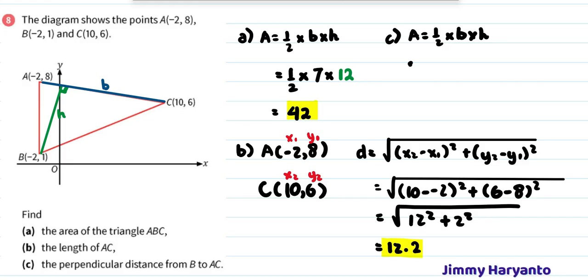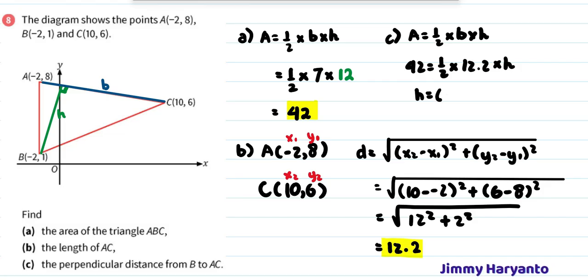The area is 42 from before. Half times the base, which is now 12.2, times the height. So the height is 42 divided by half divided by 12.2. It's 6.89 units.